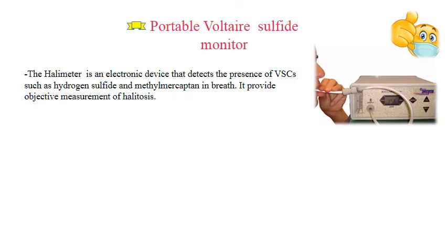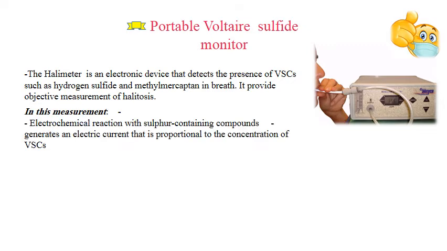Portable volatile sulfide monitor. The halimeter is an electronic device that detects the presence of volatile sulfur compounds such as hydrogen sulfide and methyl mercaptan in breath. It provides an objective measurement of halitosis. In this measurement, electrochemical reaction with sulfur-containing compound generates an electrical current that is proportional to the concentration of the volatile sulfur compound.